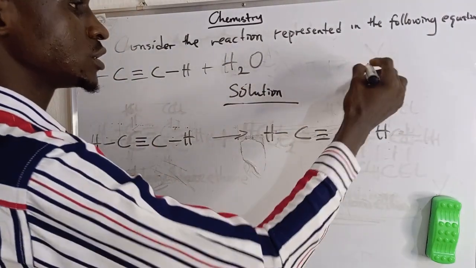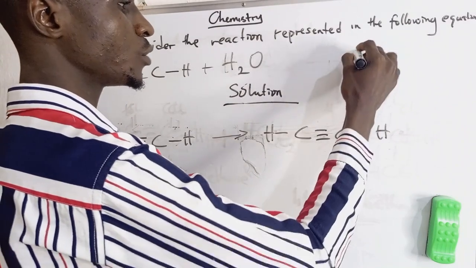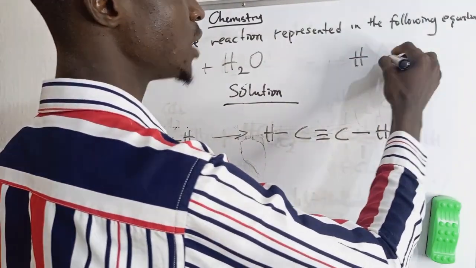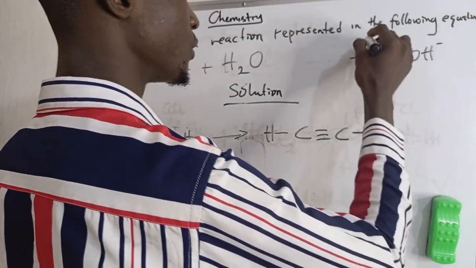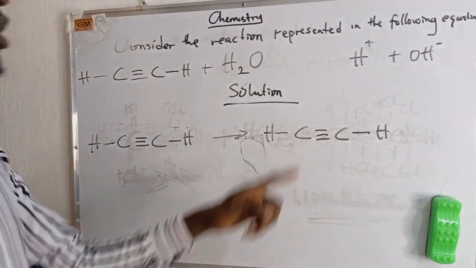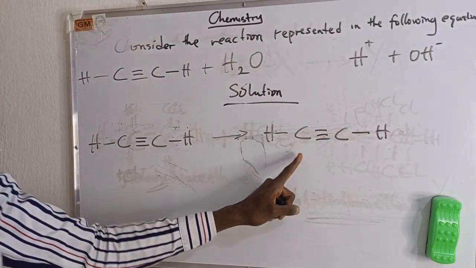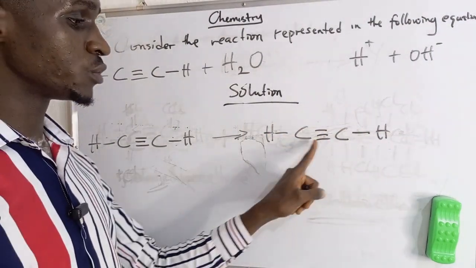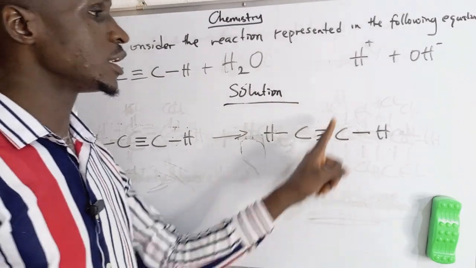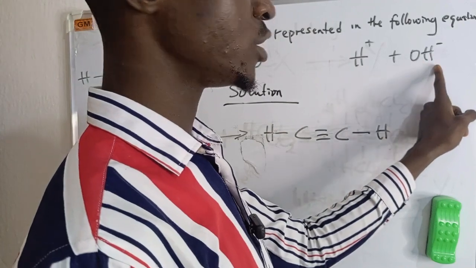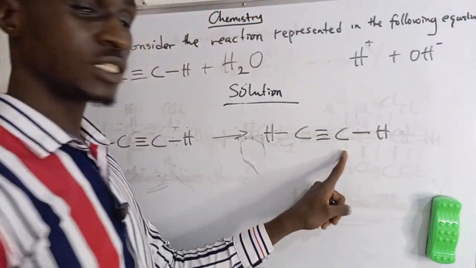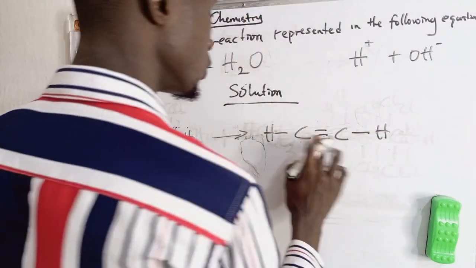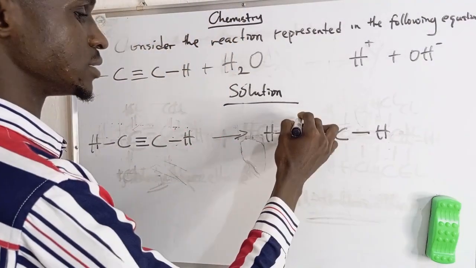Now, water is made up of what? Hydrogen and hydroxyl ion, right? Now, the hydrogen will be attached to one carbon when you break the pi bond. Then the OH will be attached to the second carbon. So we'll have something like this.